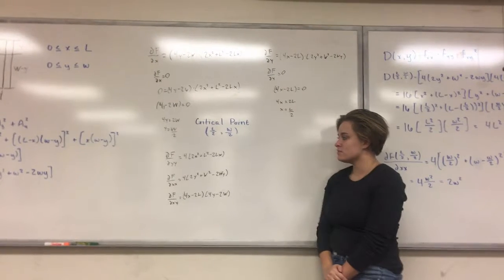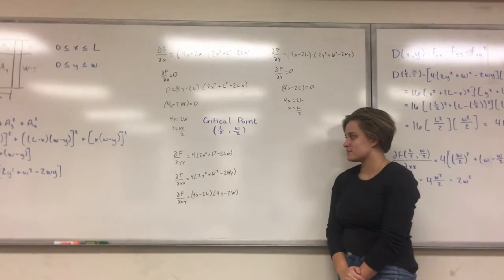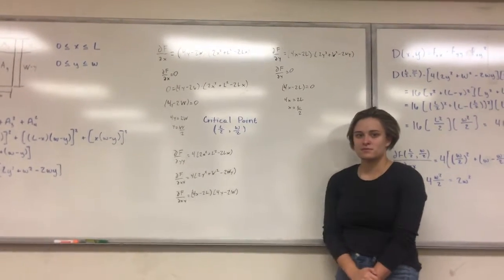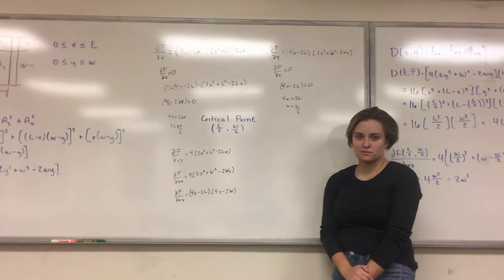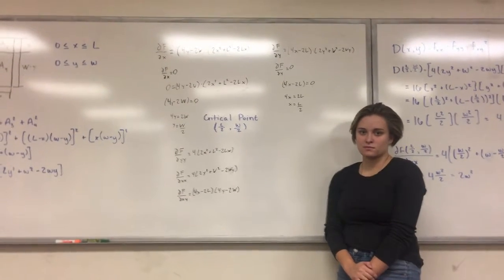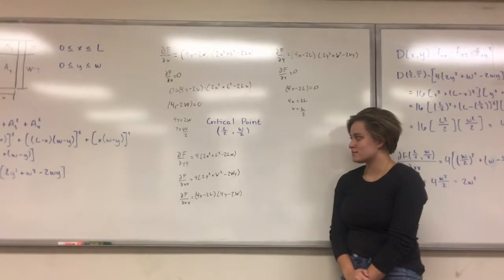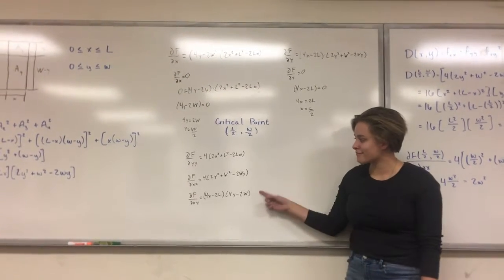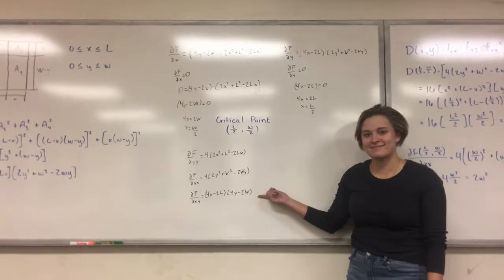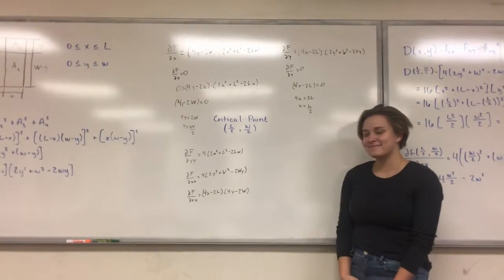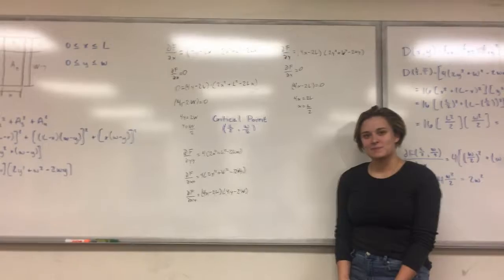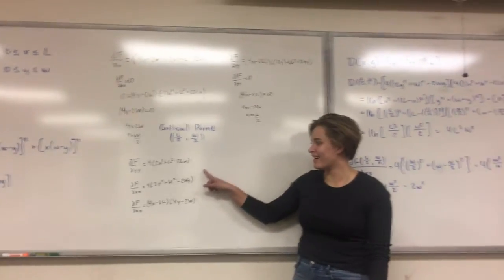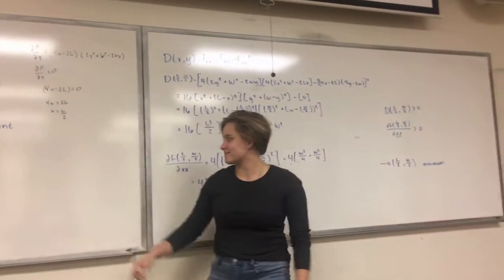So the next thing we need to do is use the determinant test to find out whether it is a minimum, maximum, or unknown. To do that, we need all of the double partials: yy, xx, and xy. Once we take those, which is shown there, we go over to the determinant test.